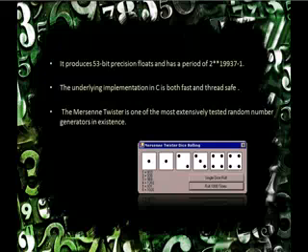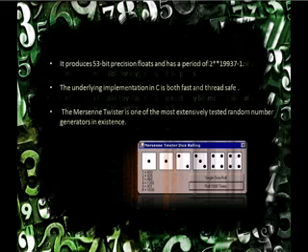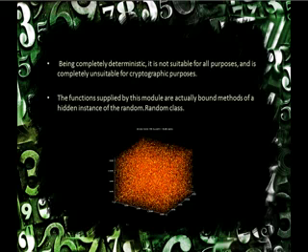The underlying implementation in C is both fast and thread safe. The Mersenne Twister is one of the most extensively tested random number generators in existence. However, being completely deterministic, it is not suitable for all purposes and is completely unsuitable for cryptographic purposes.